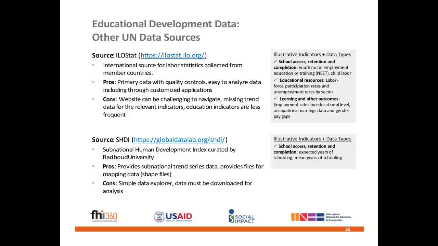So if you go to globaldatalab.org/SHDI, which is Subnational Human Development Index, you'll be able to see, across multiple countries, what the levels are in expected schooling and mean years of schooling at a subnational level, which might be more useful for planning purposes within EIE. And you'll see Yemen is there. Of course, the data becomes the same every year at a certain point, so you'd have to think about when that data is being refreshed.